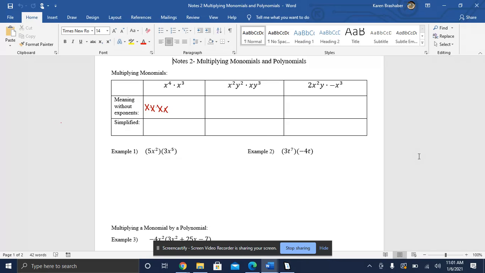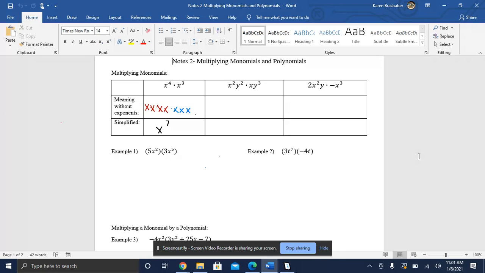And then your base x with an exponent of 3 means that we'll multiply x by itself 3 times. So to simplify this expression, we could simply write our base x and then the total number of x's that we see, 1, 2, 3, 4, 5, 6, 7. So we have x to the 7th power.